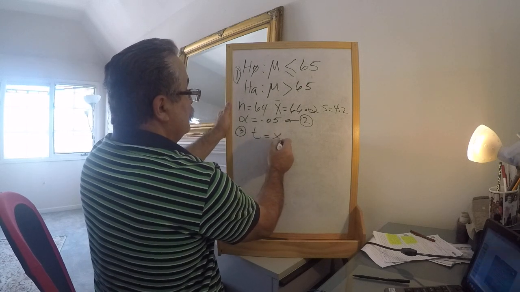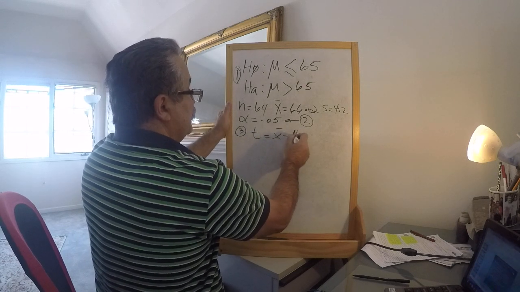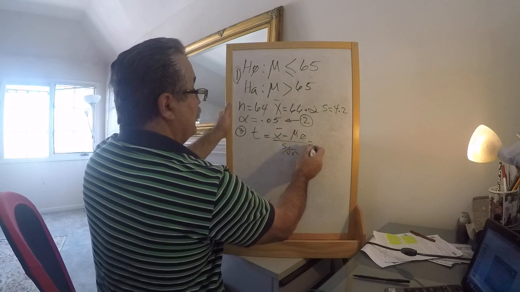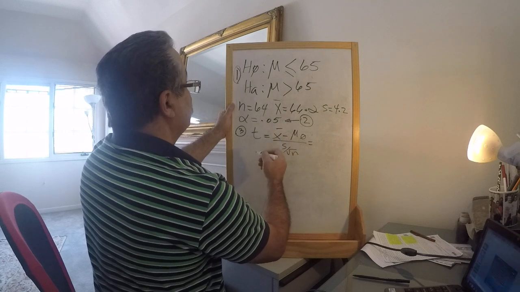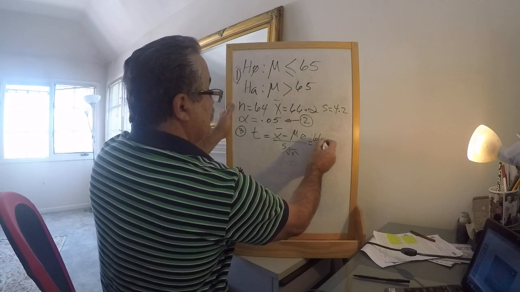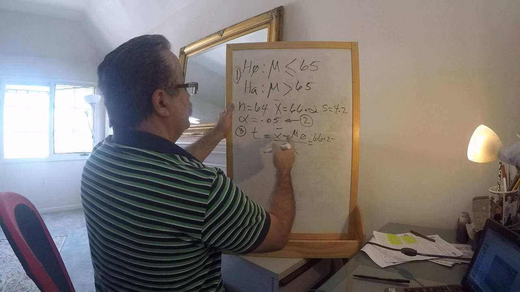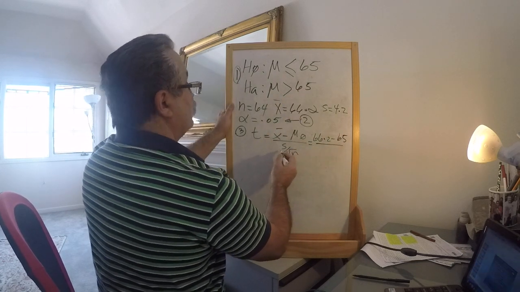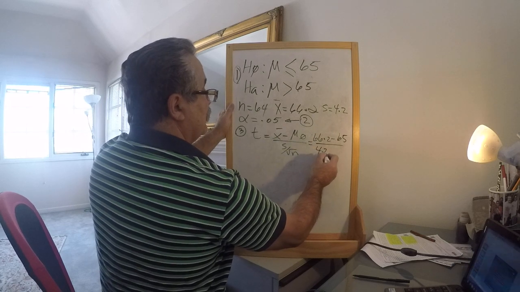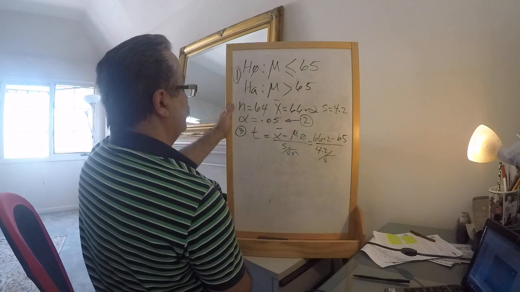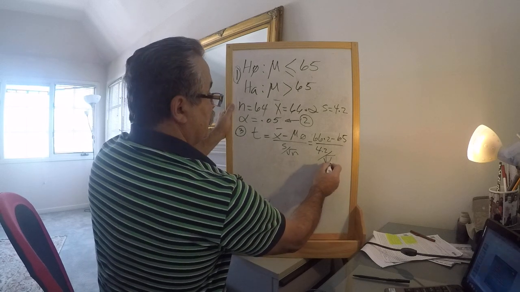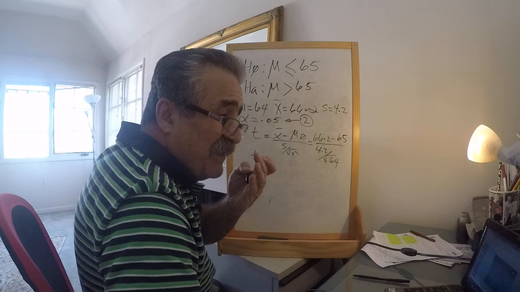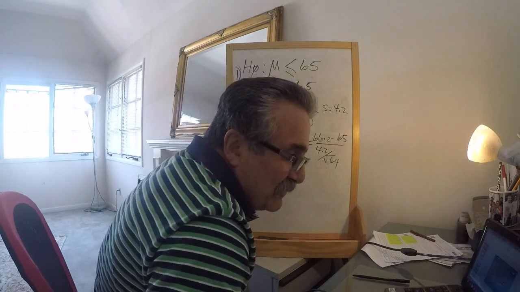T is equal to X bar minus mu sub 0 divided by S over square root of N. X bar is 66.2 minus mu sub 0 is 65, divided by 4.2 over square root of 64. So T, let me see what T value comes out to be.